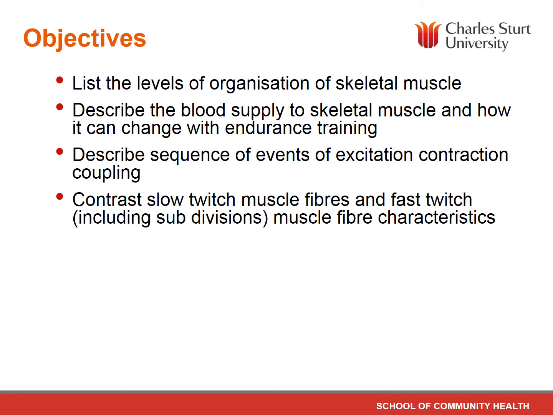Now, I think I need to pause here a little bit, not literally pause, but just digress and mention that with this subject so far, there's been quite an emphasis on changes that we might see with endurance training, and with the Olympics coming up I'll refer a lot to this with elite sport.